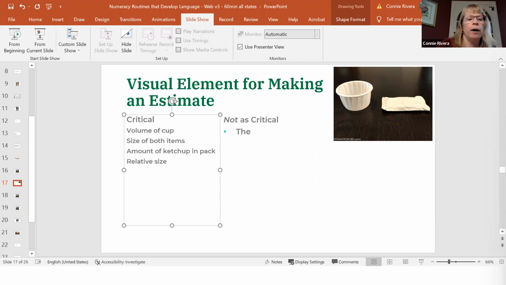Break it down a little bit. If I just told you the volume, that would be kind of boring. So what if I could tell you another part of it? What information would you want to be able to figure out how much it will hold? Knowing the word estimate. Thank you for bringing that up, Linda.